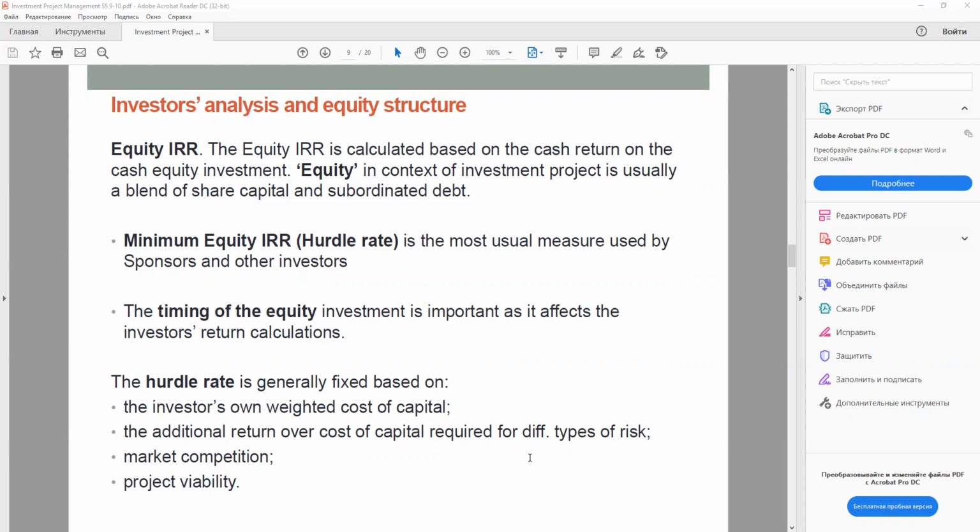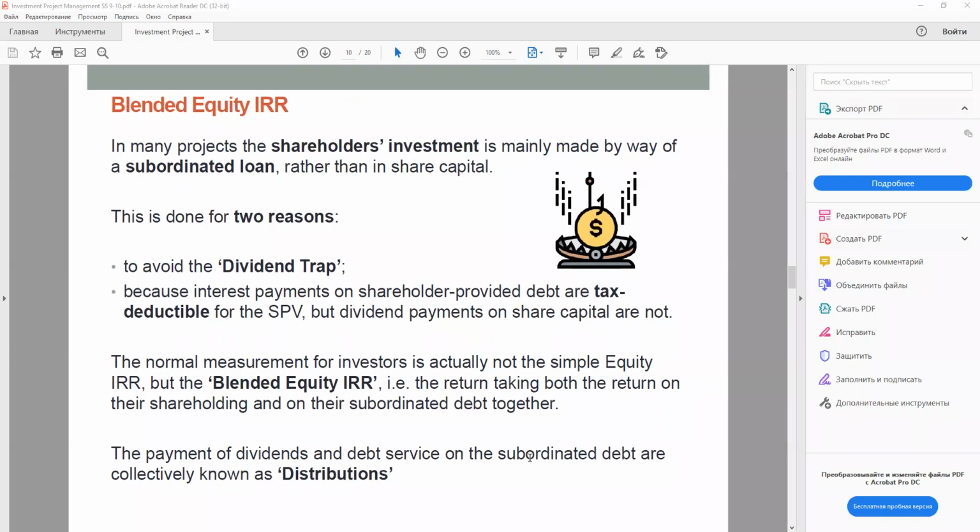Okay, and we have a blended equity IRR. In many projects, the shareholders' investment is mainly made by way of a subordinated loan rather than in share capital.